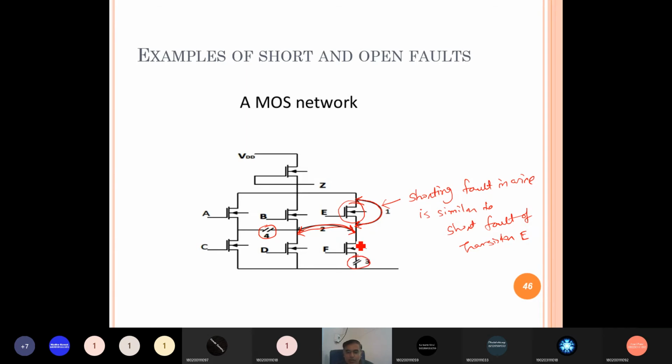It is creating the open of these transistors, it creates the open fault of this transistor. So any open fault or short fault in a transistor can create a transistor type fault, or a stuck-at type of fault.